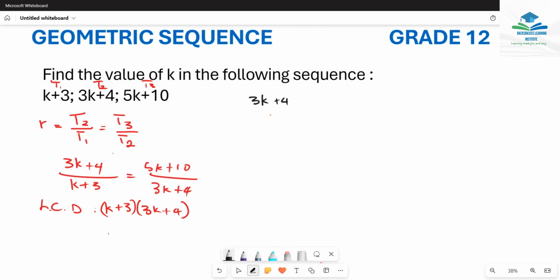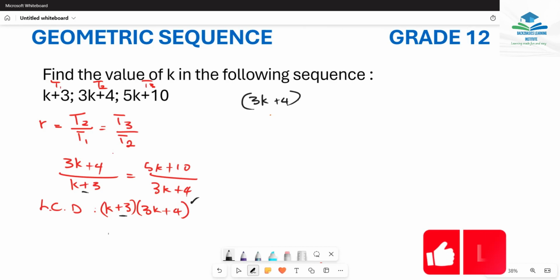Remember, here you have k plus 3 already, so the only bracket that you are going to multiply with is 3k plus 4. So you multiply by 3k plus 4 again.